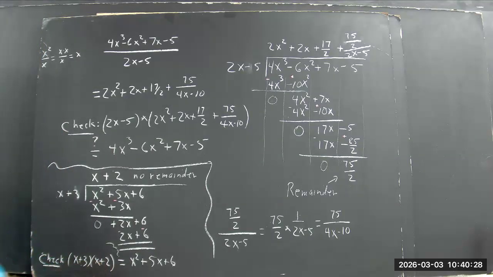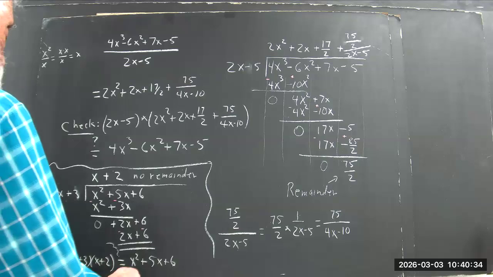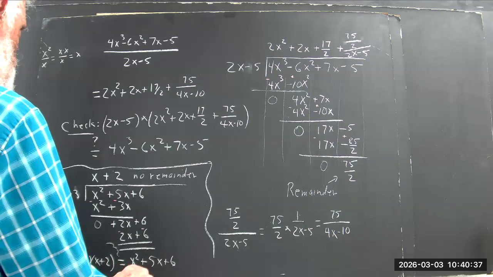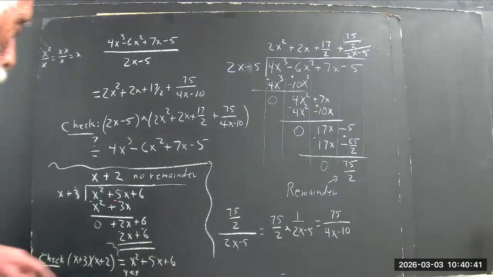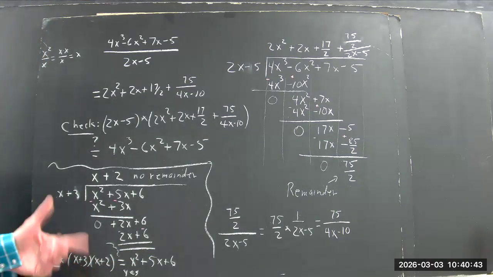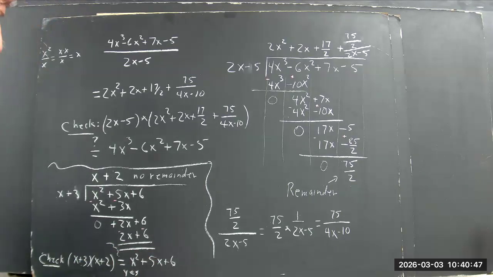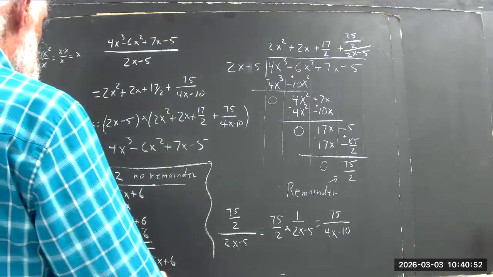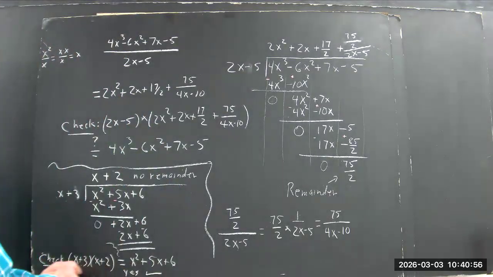But since x plus 3 times x plus 2 equals x squared plus 5x plus 6, you just multiply these out using the distributive law. X squared plus 5x plus 6 is exactly what you're going to get. I'll say yes, it checks. Now you can do the steps of the check, but there you have it.